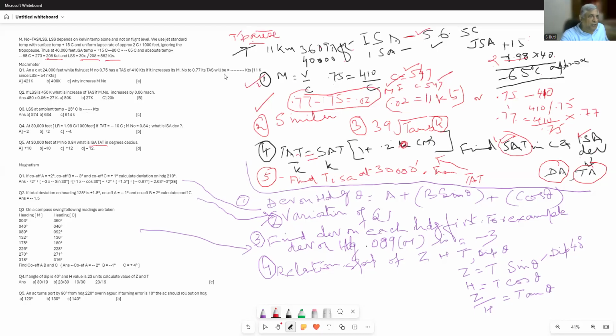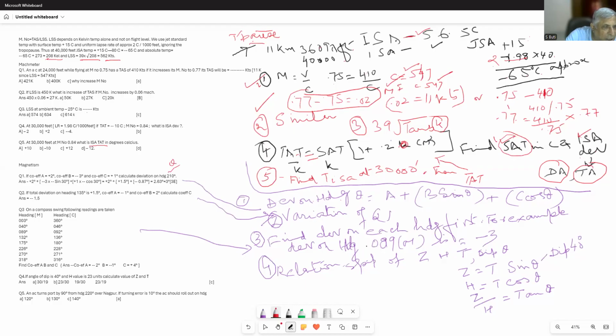Next are a few questions on magnetism and compasses. Question number 1 is that same good old formula, deviation on a heading theta. Here, your theta is 210.